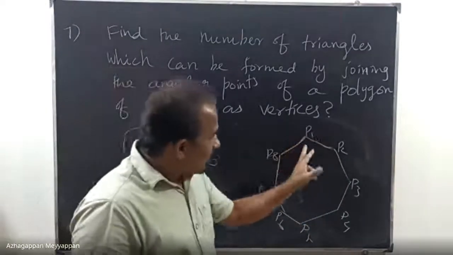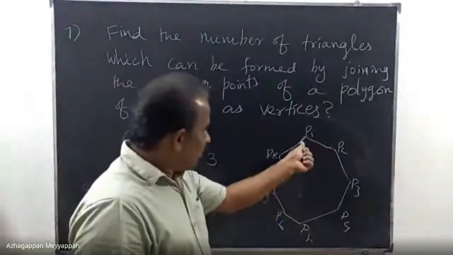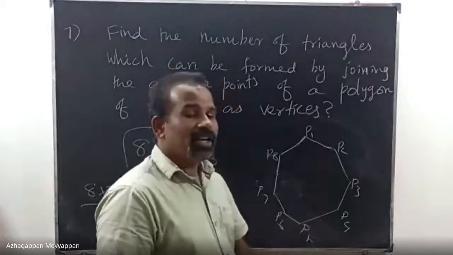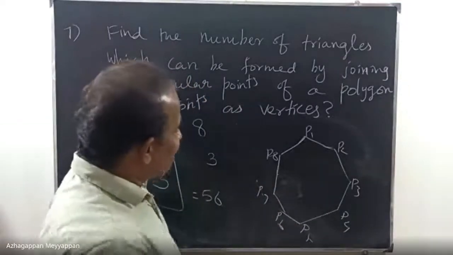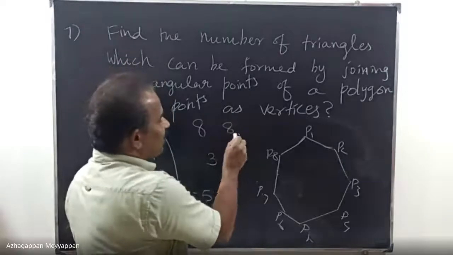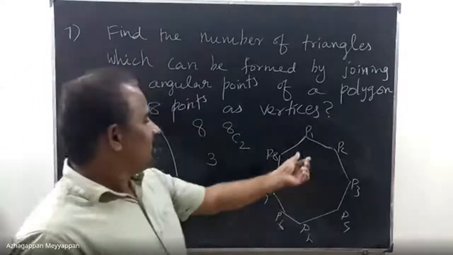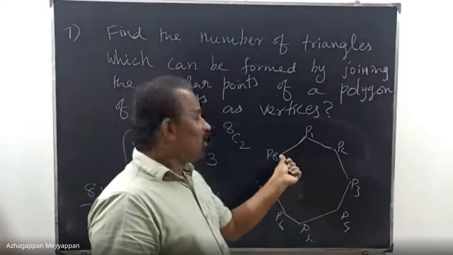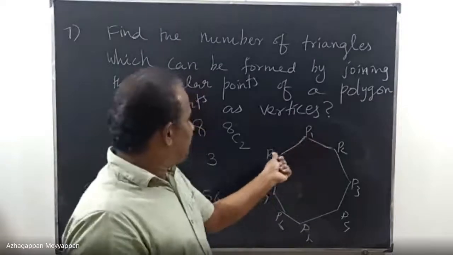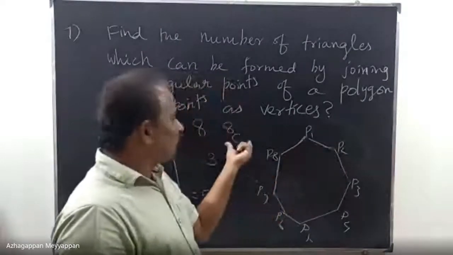For drawing one diagonal, we need 2 points. So we can take 8C2. But this P1, P2 is also included, and P1, P8 is also included.